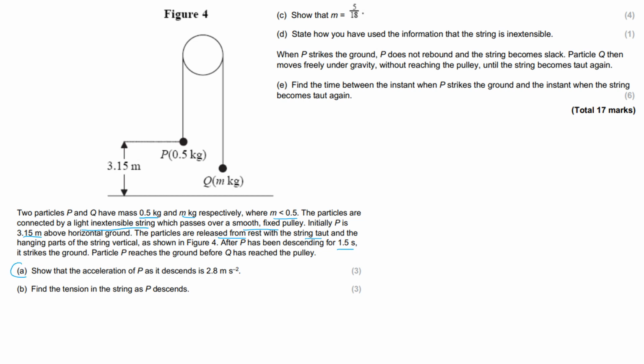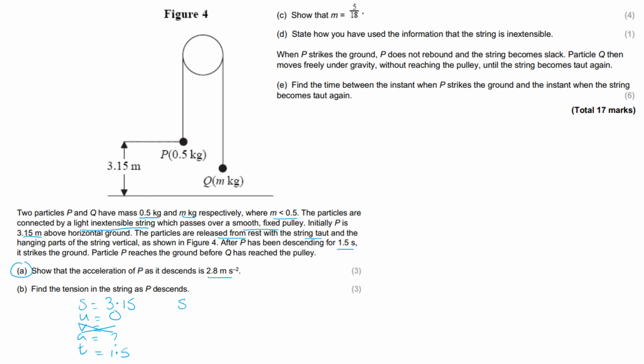For part A, we're being asked to show that the acceleration is 2.8. For this, we need to use our suvat equations. So let's fill in. P is going to be traveling for 3.15 meters. It's released from rest, so our initial velocity is 0. A we're trying to find, and it's going to be traveling for 1.5 seconds. When I do my suvats, I put a question mark against the one I'm trying to find and leave blank the one that I haven't got, and think of a suvat equation that doesn't involve v.